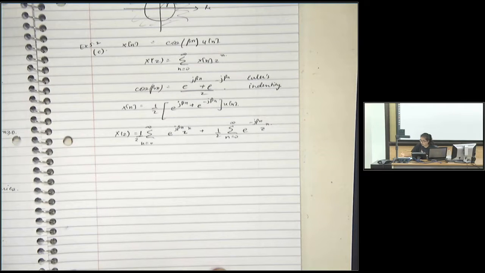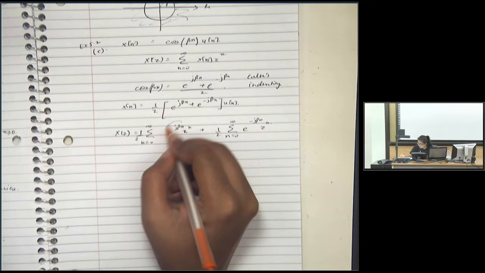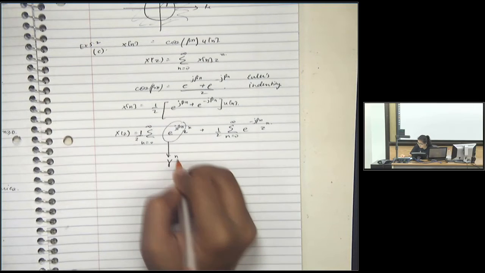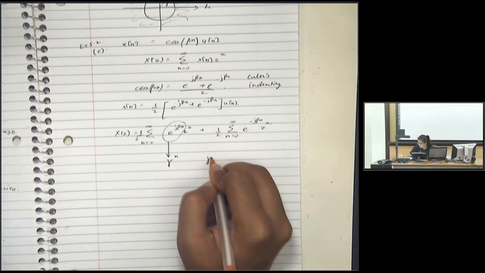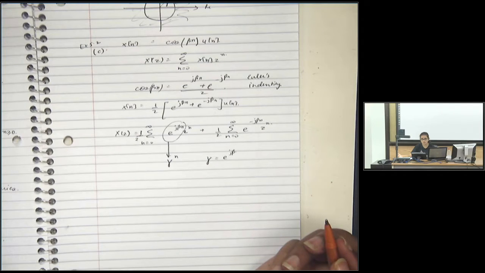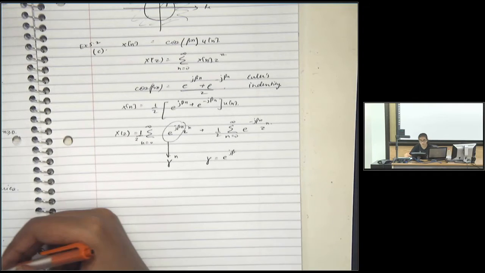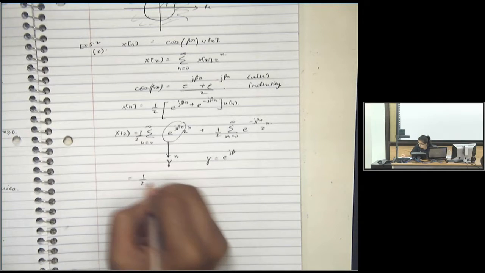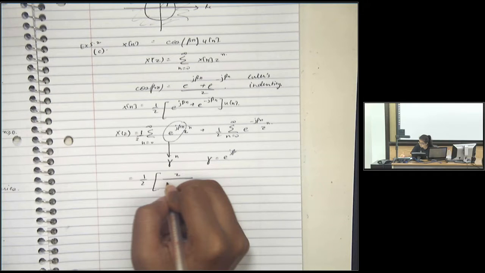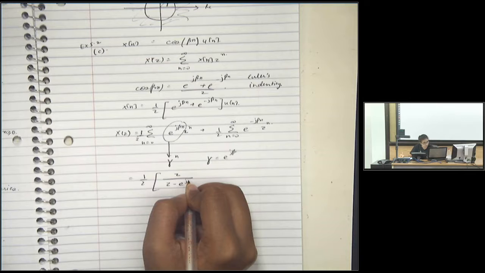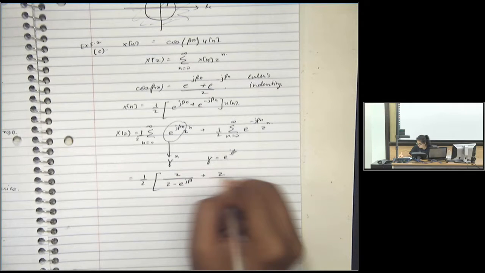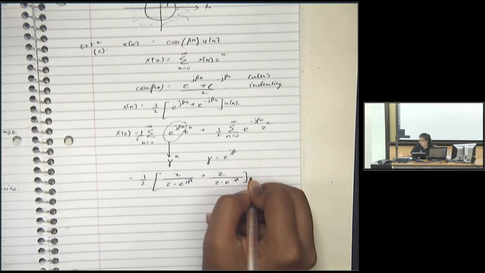Okay. Now, this term e raised to power j beta n is equivalent to gamma raised to power n when gamma is equal to e raised to power j beta. Correct. So just using the formula from the previous example, we will have half of z over z minus e raised to power j beta plus z over z minus e raised to minus j beta.